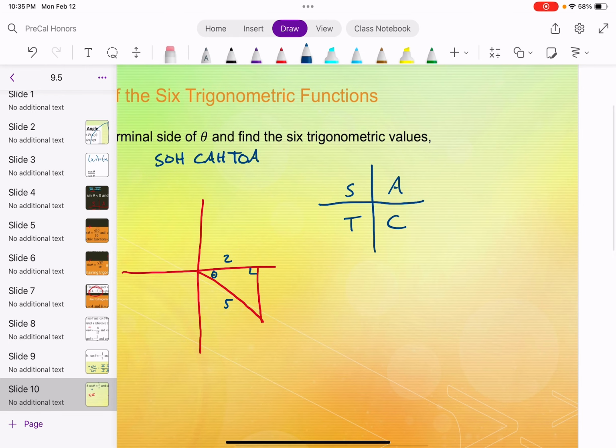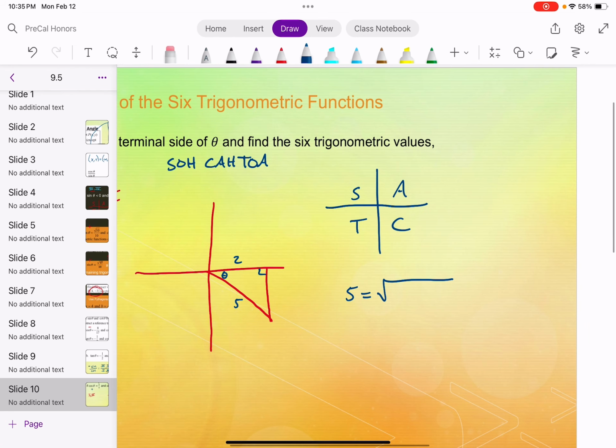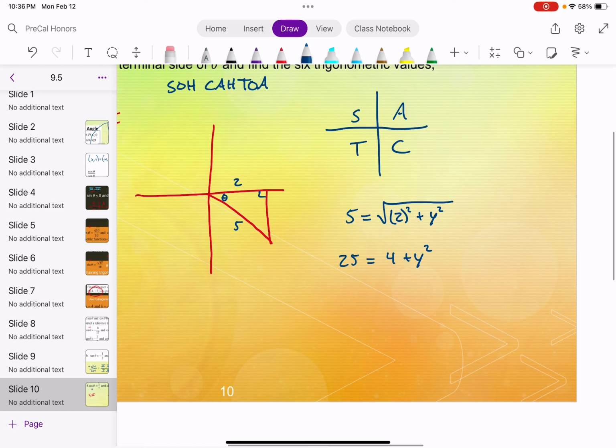In order to do this, we would do 5 is equal to the square root of 2 squared plus y squared. We're going to square both sides and get 25 is equal to 4 plus y squared. 21 is equal to y squared.